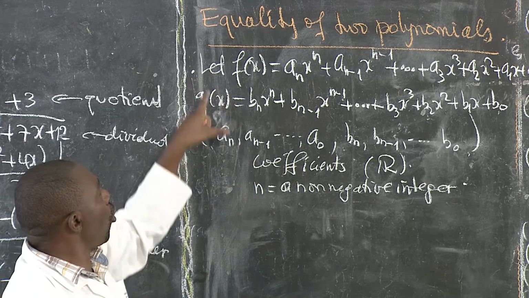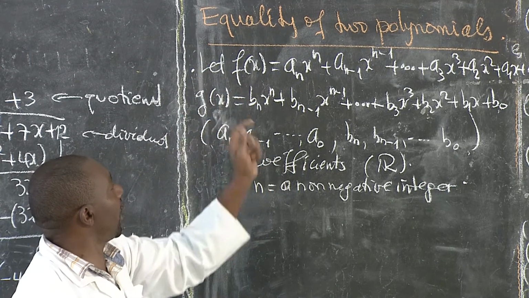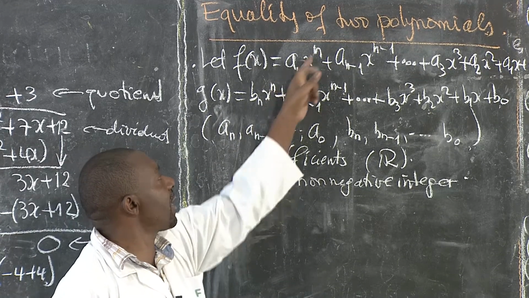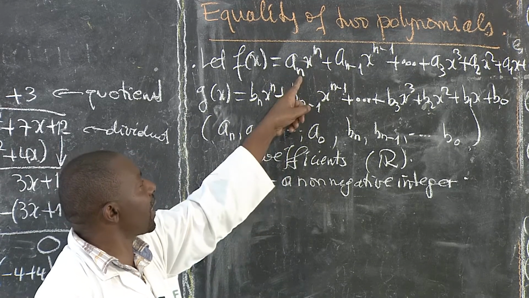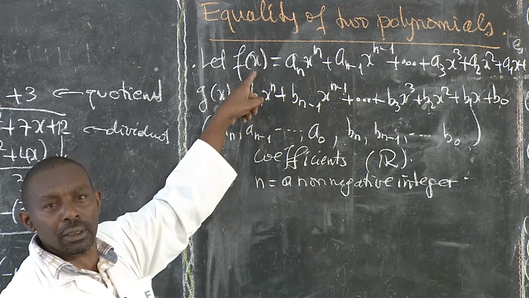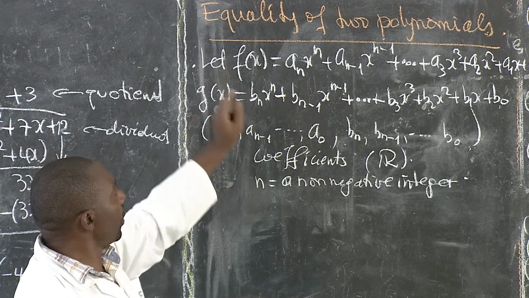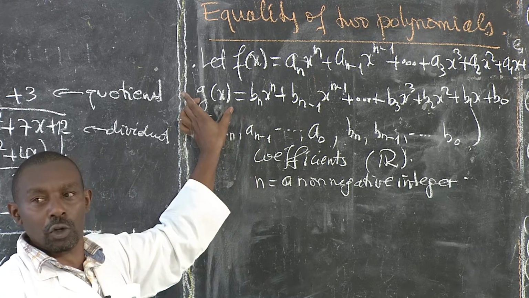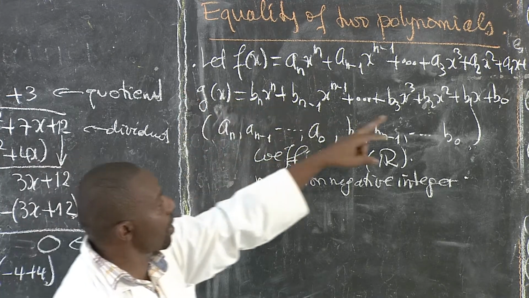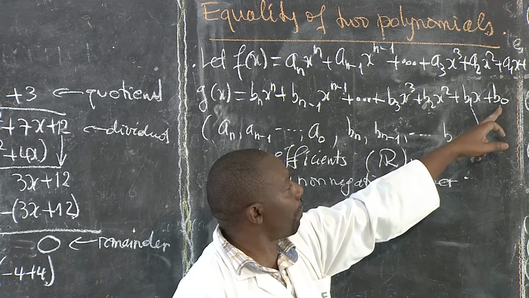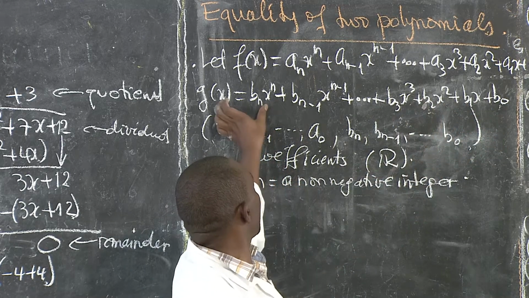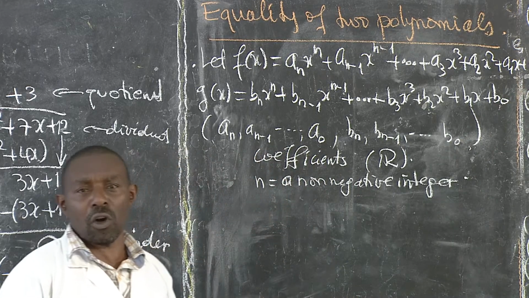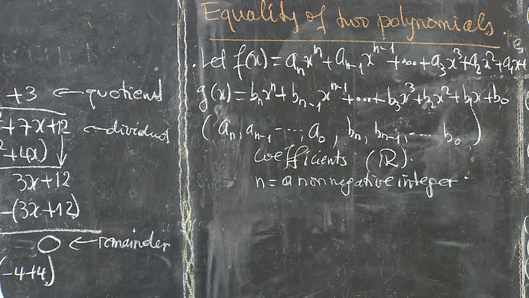So these two polynomials, f of x and g of x, are of the same degree n. It means a_n is the leading coefficient for the first polynomial, and b_n is the leading coefficient for the second, g of x, while b naught is the term independent of x in the second polynomial, and a naught is the term independent of x in the first polynomial.